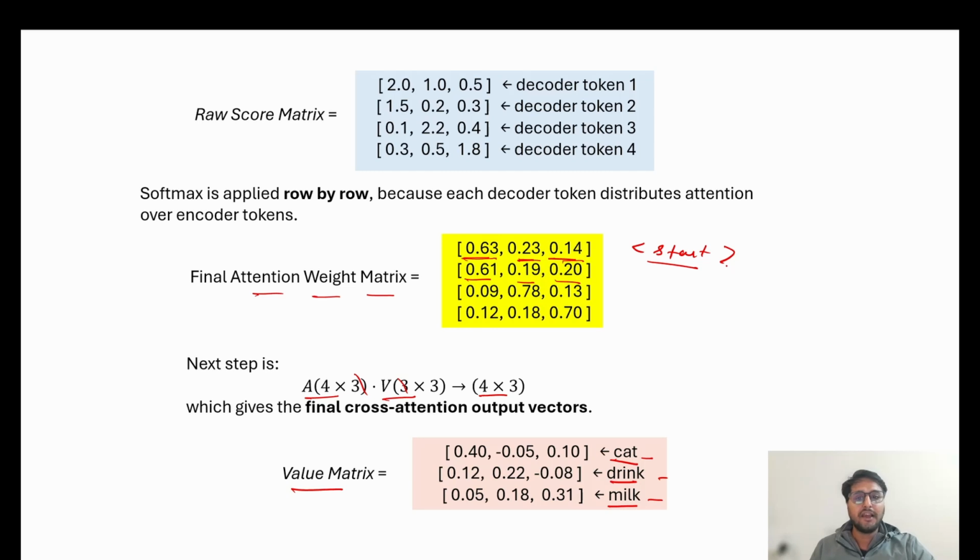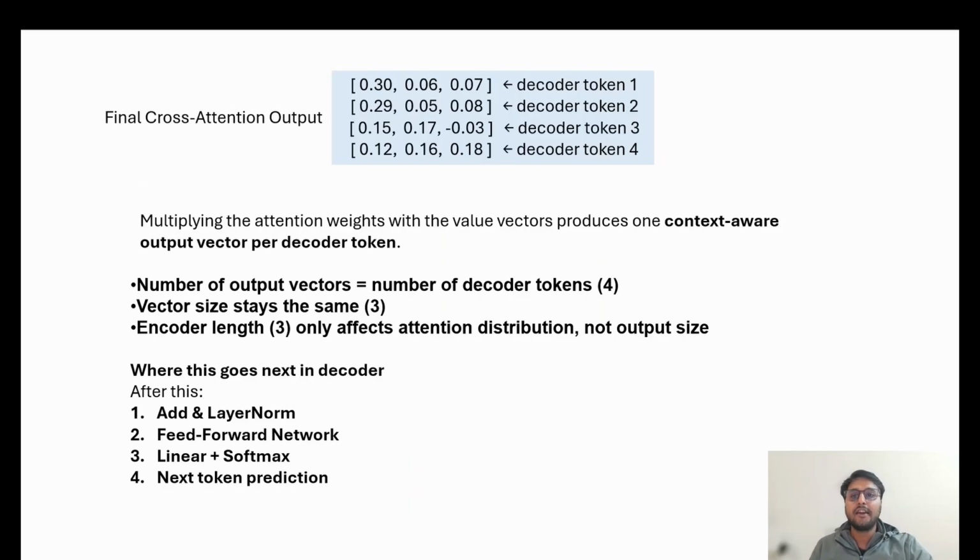Now we multiply this attention weight matrix with the value matrix, and we get our final cross attention output, where each row again represents each decoder token. Multiplying the attention weights with the value vectors produces one context-aware output vector per decoder token.